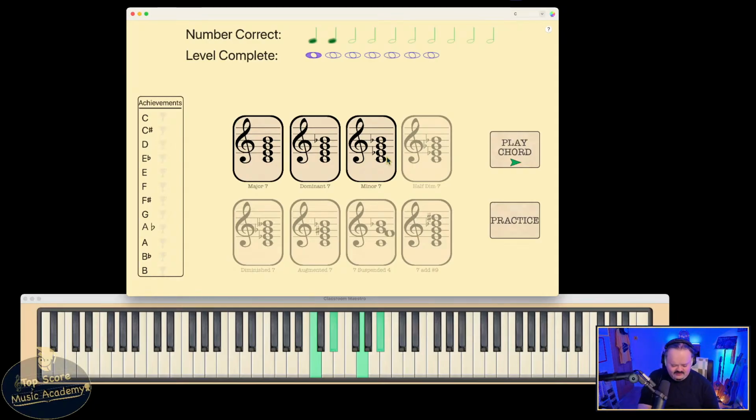Used a lot in very easy listening, easy going, and sort of funky tunes as well.